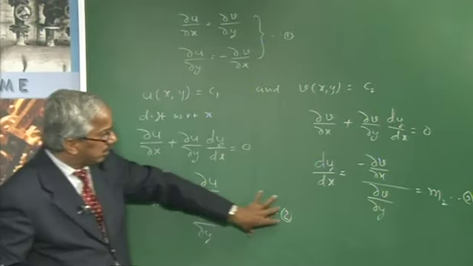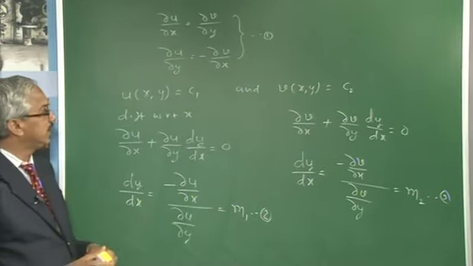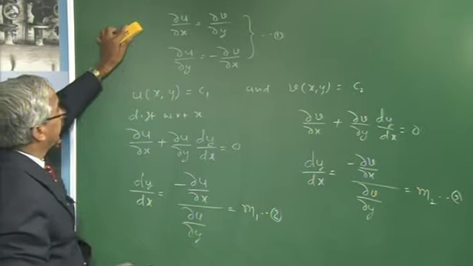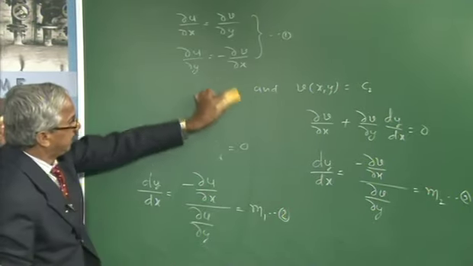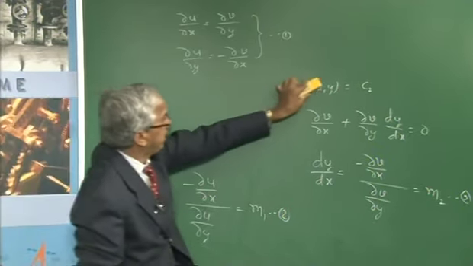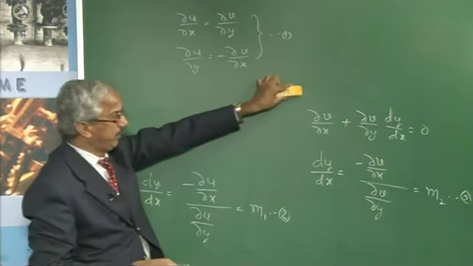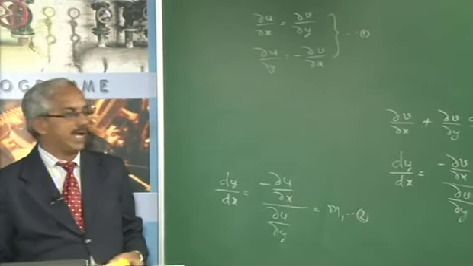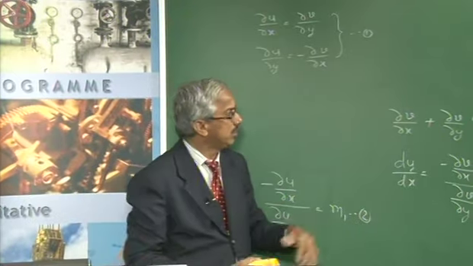Now take the product of 2 and 3 and see what we get from this relation. Clearly, we differentiated both families of curves with respect to x and got these two results.